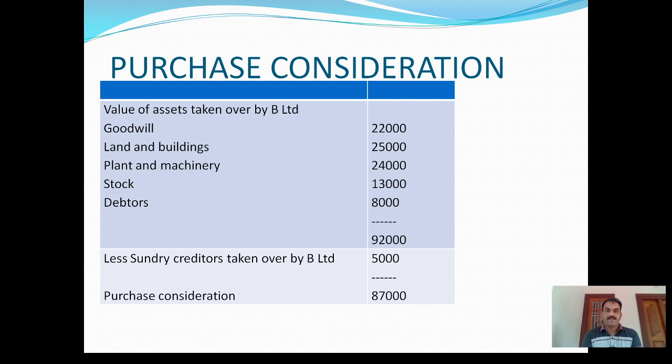So the total value of assets taken over by B Limited is 92,000 minus sundry creditors taken over by B Limited 5,000. So purchase consideration will be 87,000. So the value of assets taken over by the acquirer company minus the value of liabilities assumed by the acquirer company, that is the purchase consideration here.